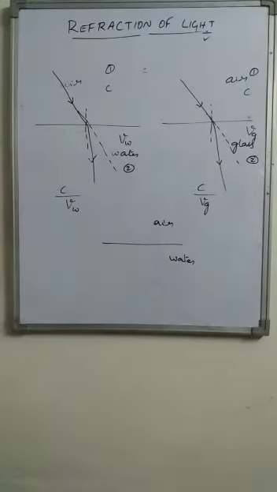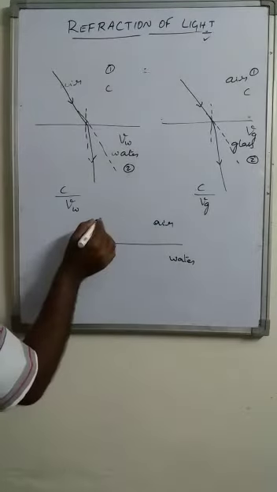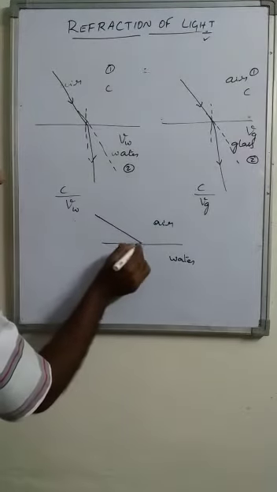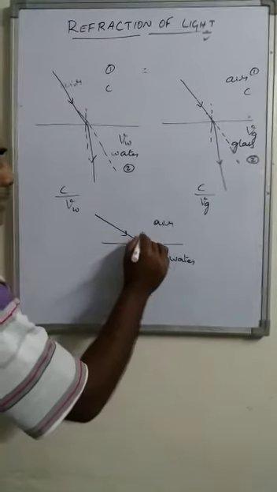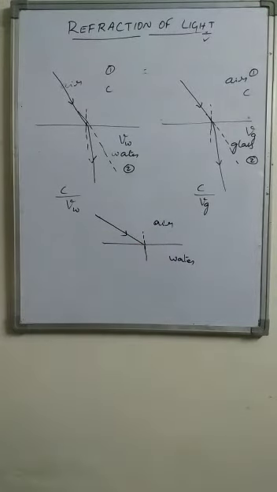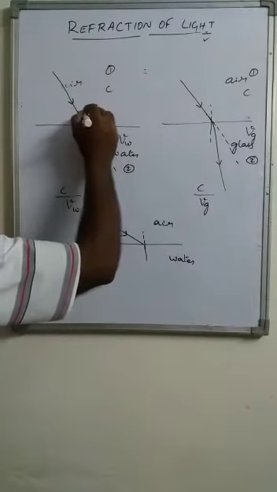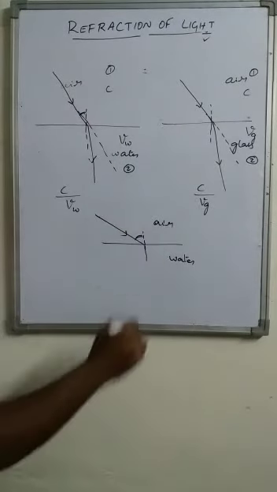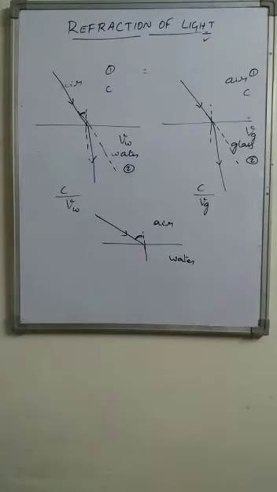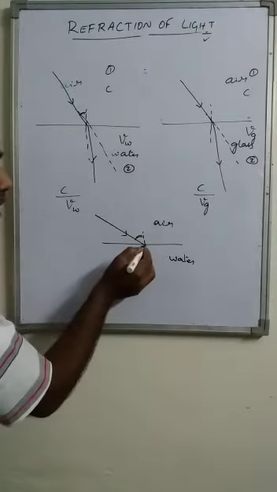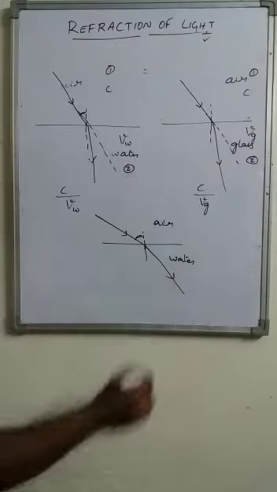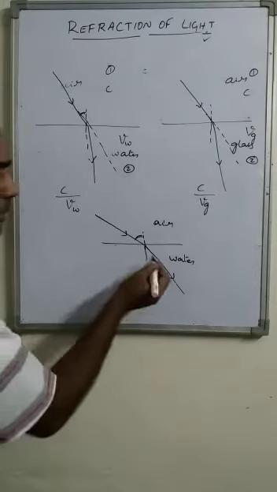But in this case, we take the light ray in air which strikes the surface at some angle. Here also it strikes at some angle. And in this case also it deviates from its path. Here also refraction takes place.